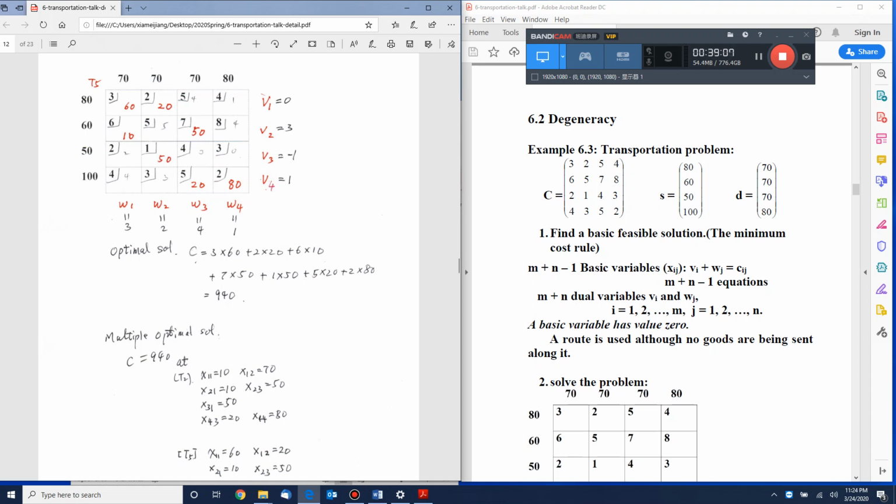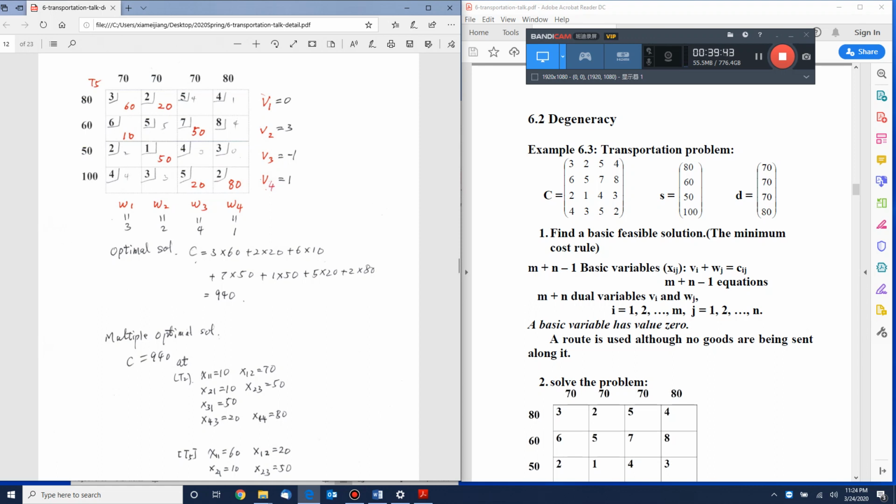And then for those non-basic variables, we add Vi and Wj, and that's for cell 1, 3 is 4, cell 4, 1 is 1, cell 1, 4 is 1, cell 2, 2 is 5, cell 2, 4 is 4, cell 3, 1 is 2, cell 3, 3 is 3, and cell 3, 4 is 0.